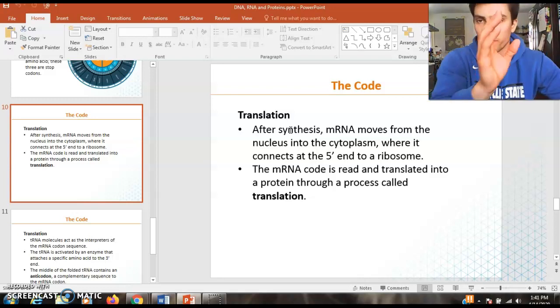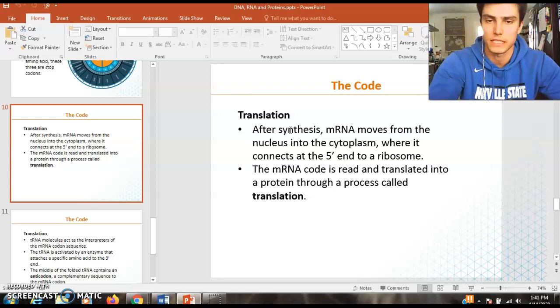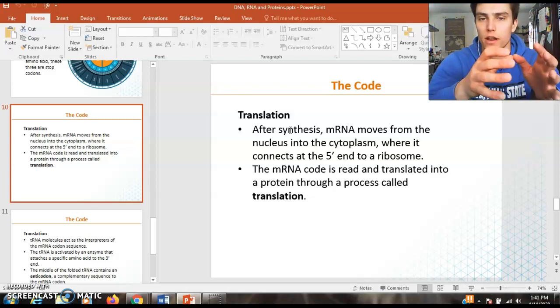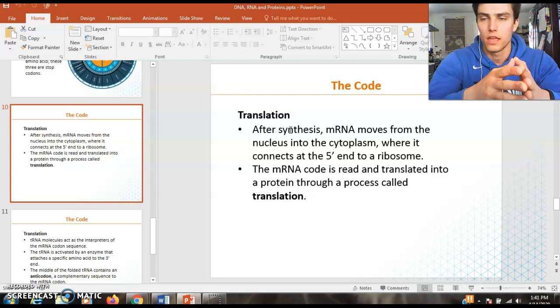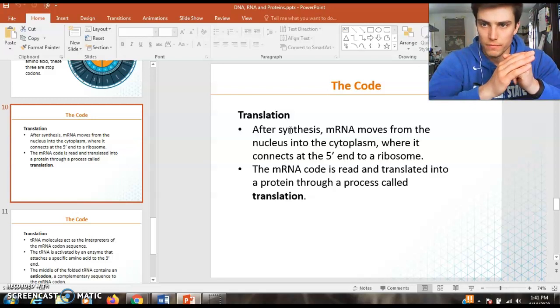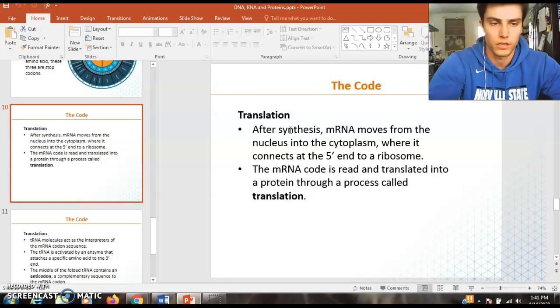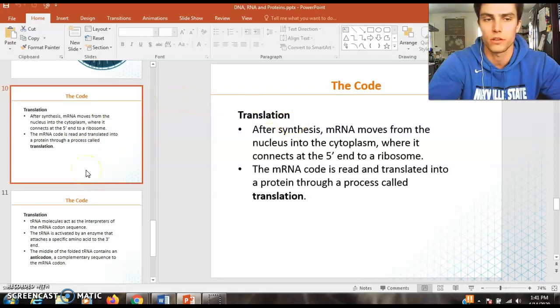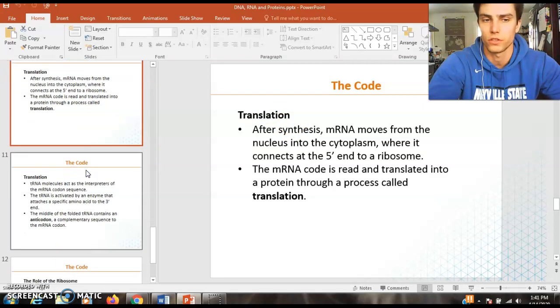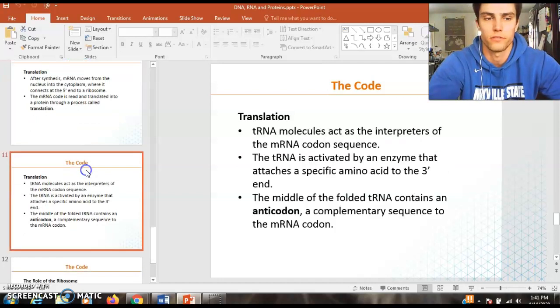The mRNA code is read and translated into a protein through a process called translation, and that protein can now be used at the cell's disposal, however it needs.